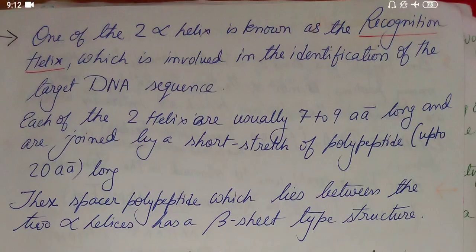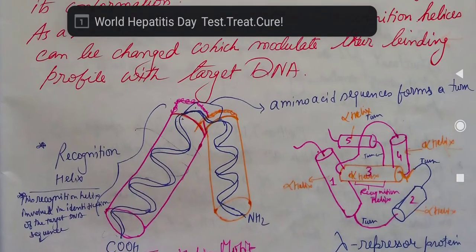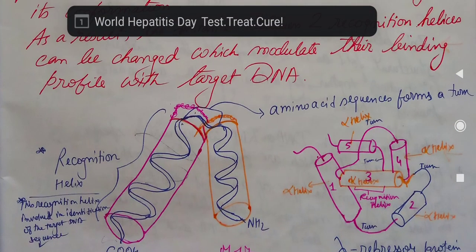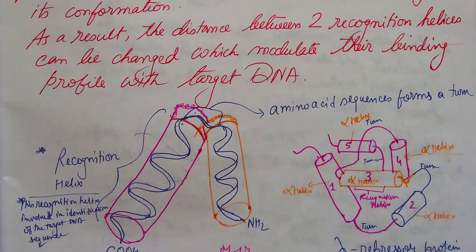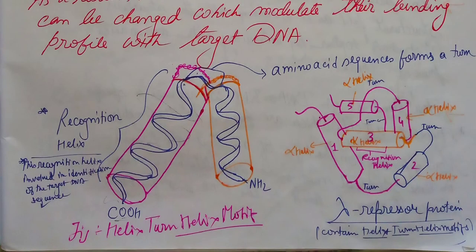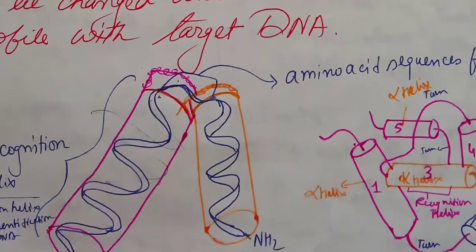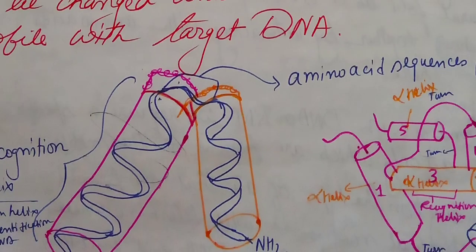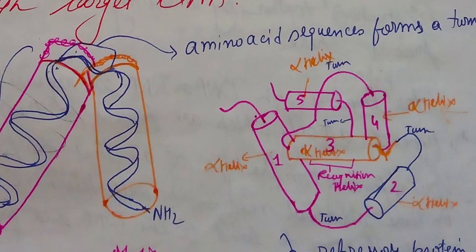So this stretch of polypeptide is up to 20 amino acids, which has been shown short here. The actual figure looks like this: 20 amino acids are involved in the turn.